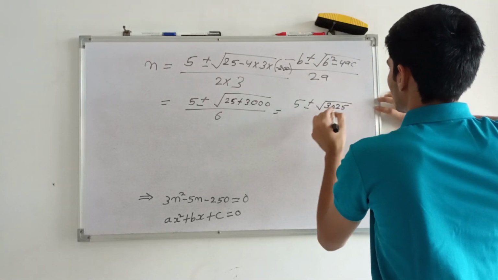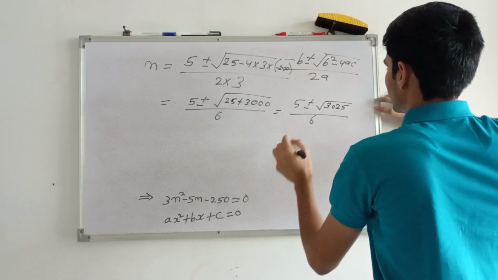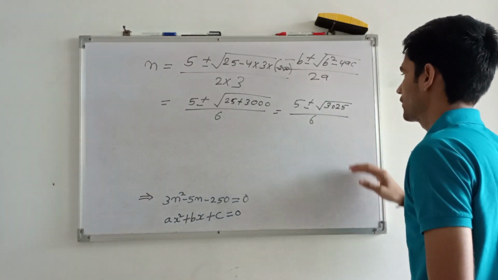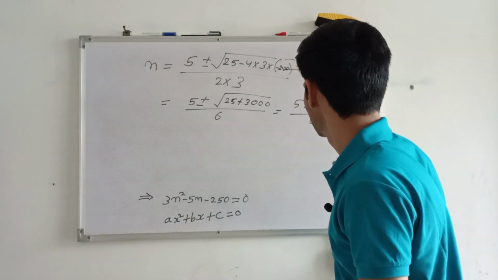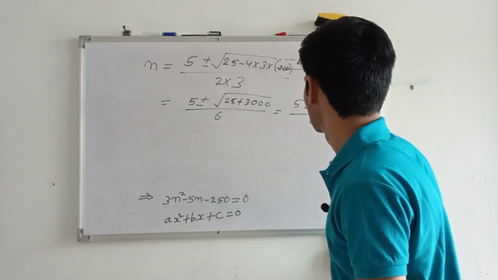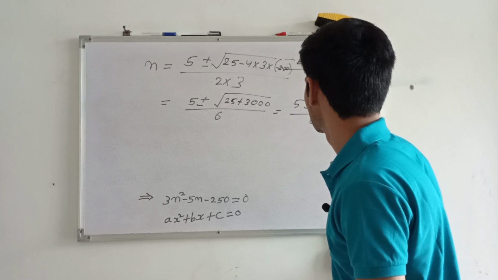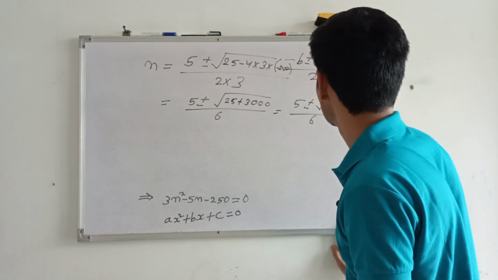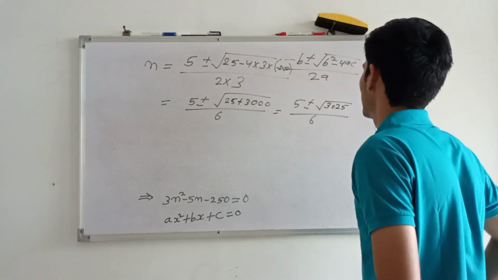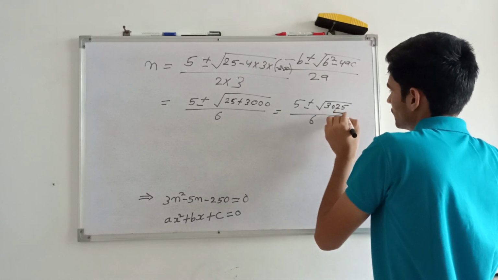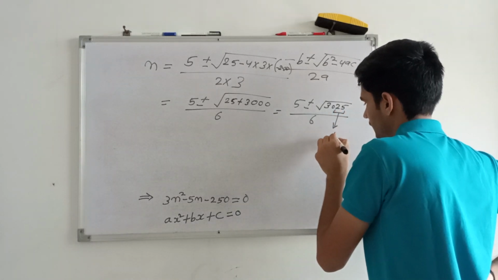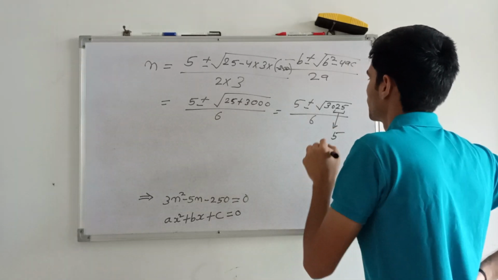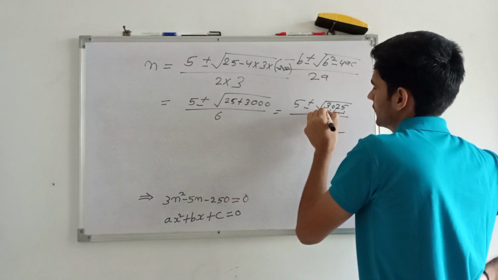square root of 3025. What is the square root of 3025? First see what number has its square as 3025. So this is 25, its square root will be 5. This is 30.